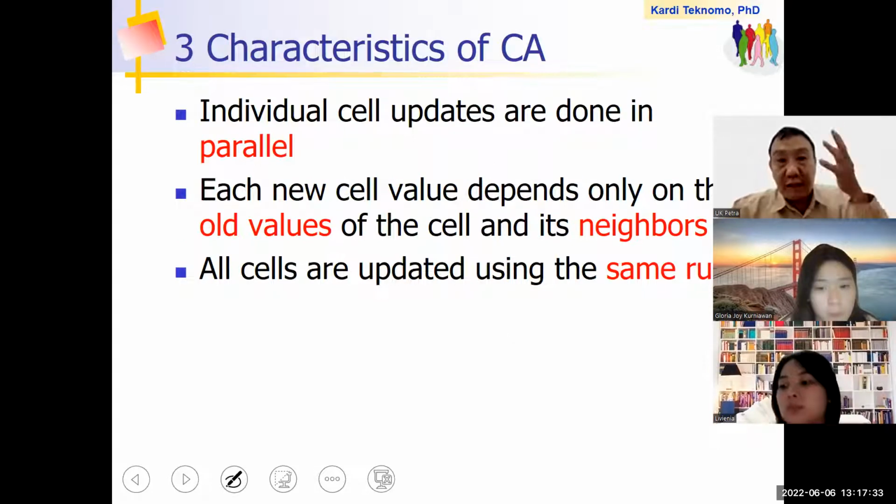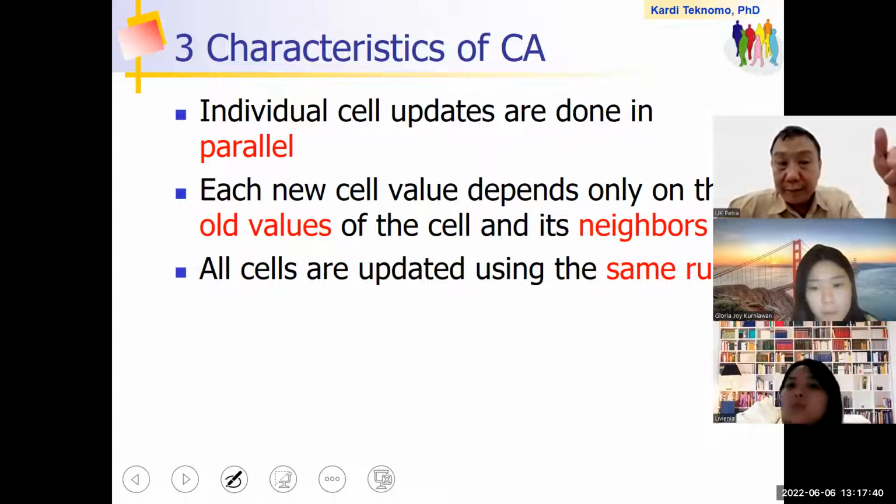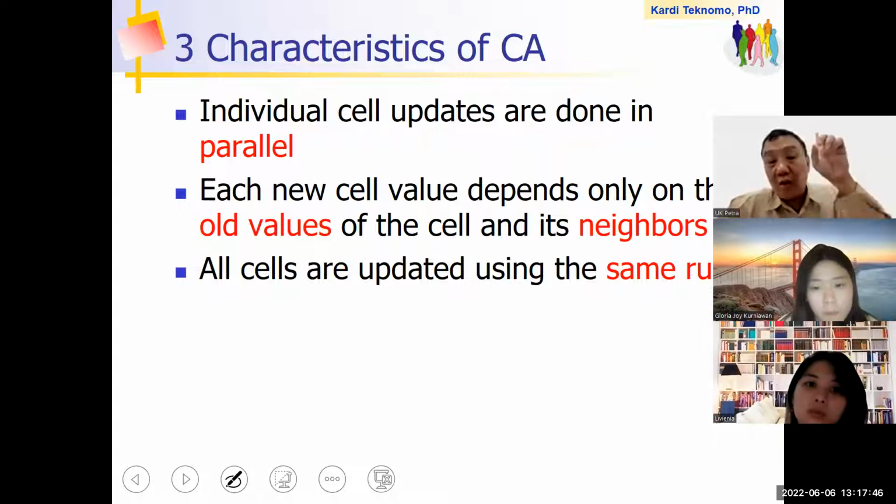Now here are the three characteristics of CA. The individual cells are updated in parallel. Its new cell value depends only on the old value.